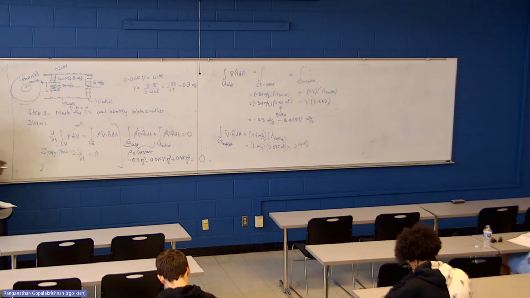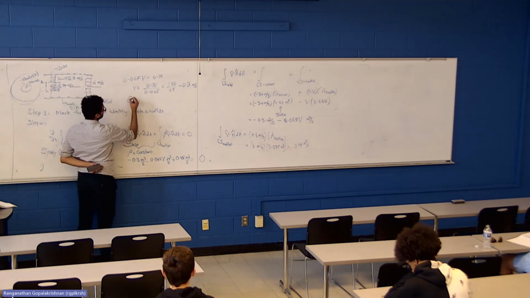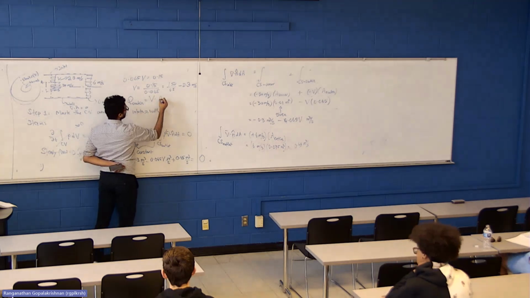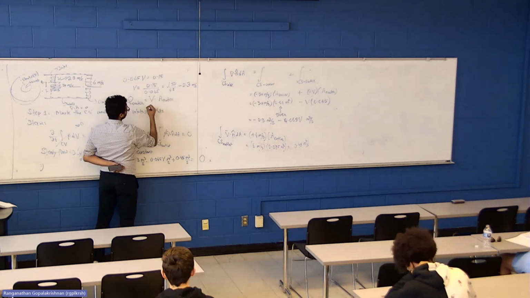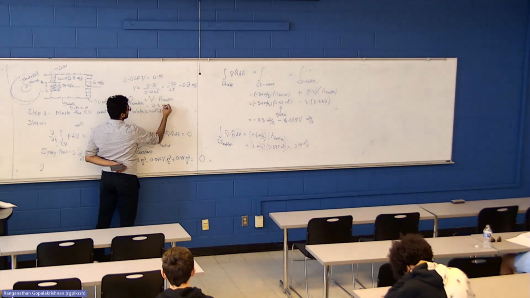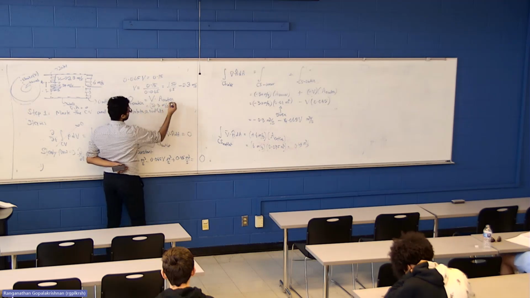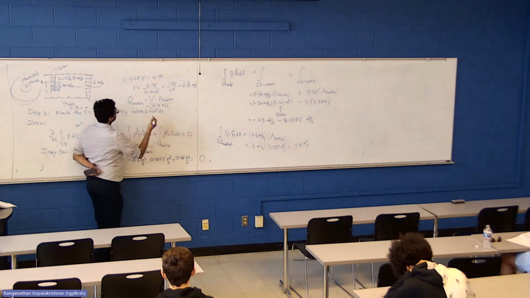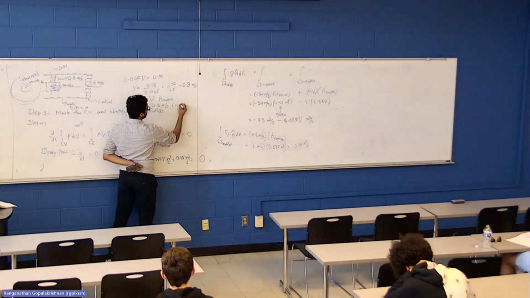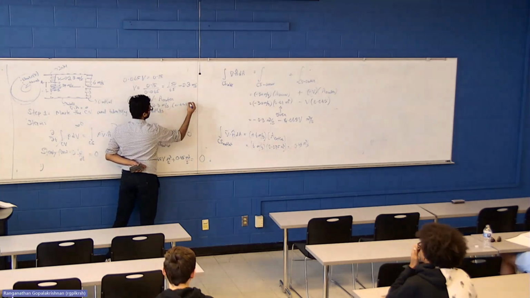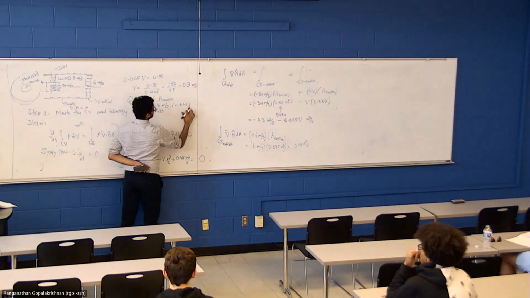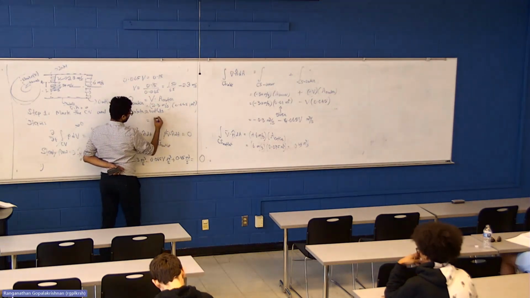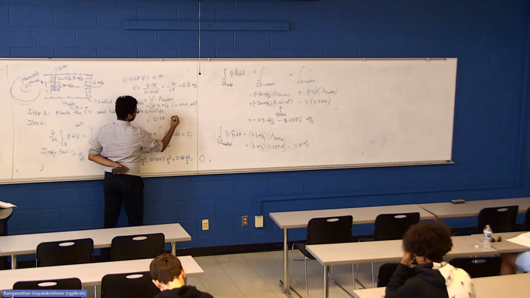So what's the flow rate associated with that portion? Q outer would be V multiplied by A outer, which is 2.3 meter per second multiplied by 0.065, or in other words, it's nothing but 0.15 meter cube per second.